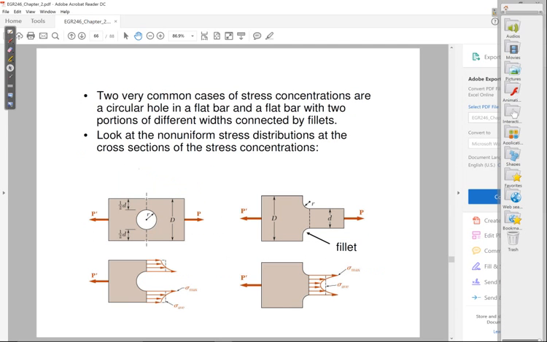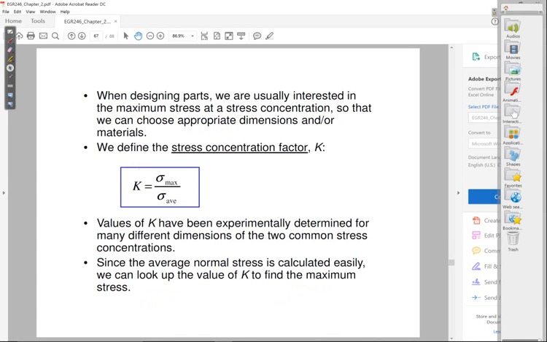The stress that happens at these stress concentration areas. It's the ratio of those maximum stresses compared to the average stress that you would calculate based on P over A. Okay, so a stress concentration factor basically increases the largest amount of stress that you actually have. And the symbol we use for stress concentration factor is capital K. Okay, and it's sigma max divided by sigma average, where your sigma average, again, is your P over A, right?